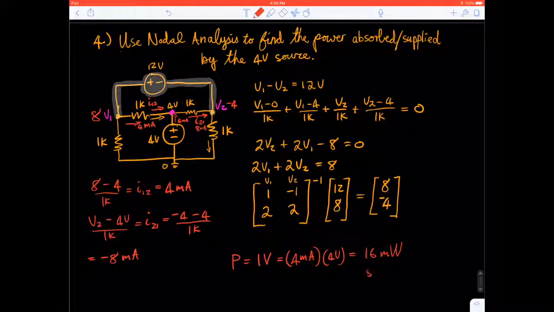And that is supplied. We know it's supplied because it's basically pushing that 4 milliamps out of it. If the 4 milliamps was going in the opposite direction, if it was going down, then we would know it was absorbing it.